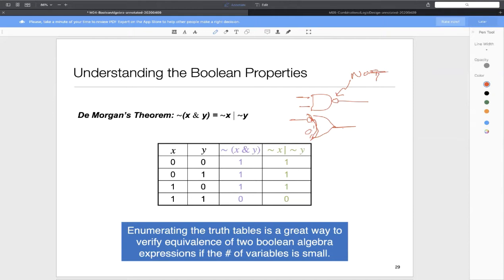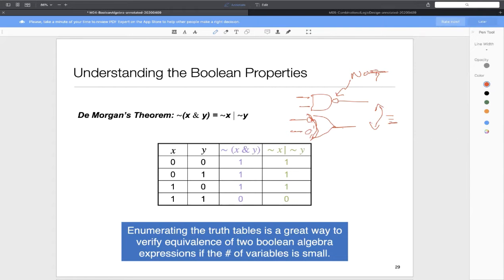This bubble indicates NOT. So it's basically saying that an AND gate followed by an inverter is the same as an OR gate preceded by inverters. I can push the inverter from the output to all the inputs of the gate, and I'm good to go. These two variants are the same.